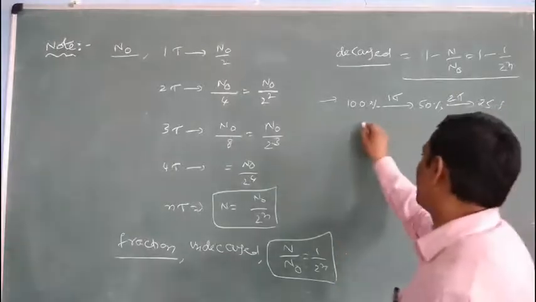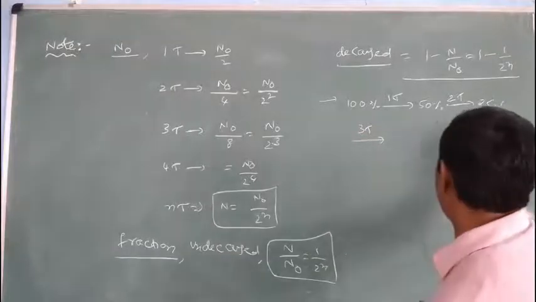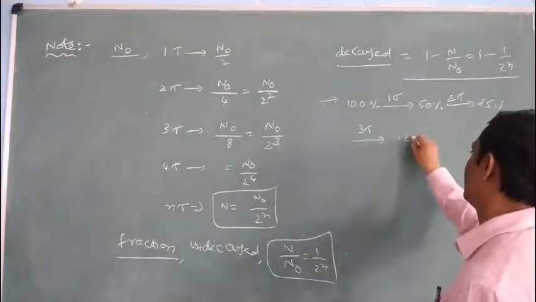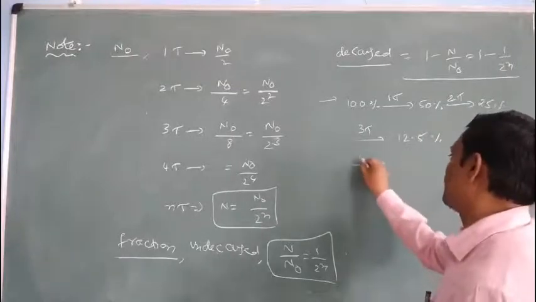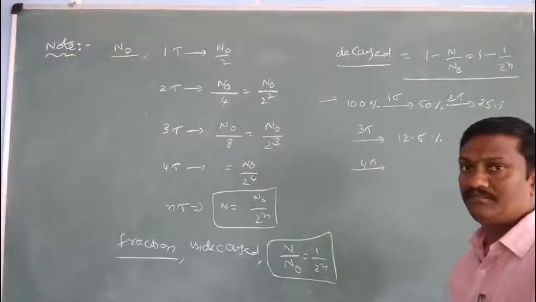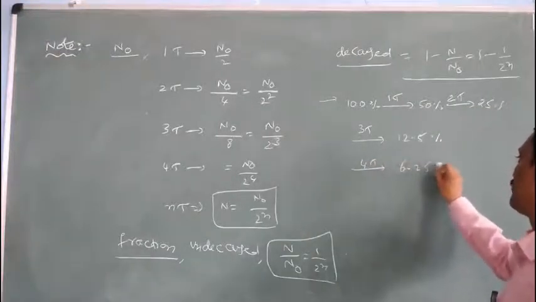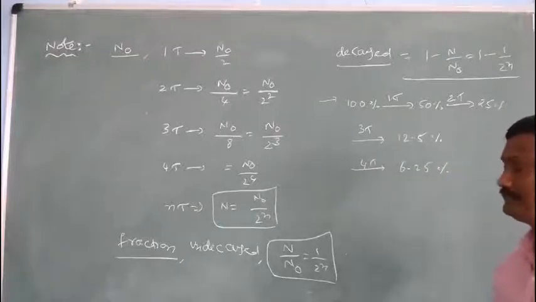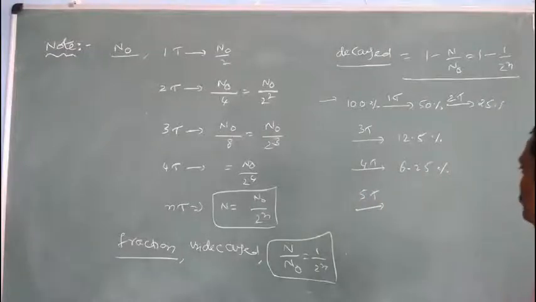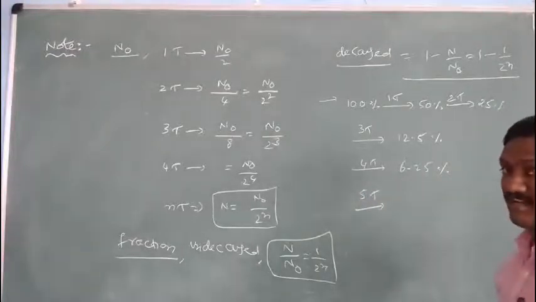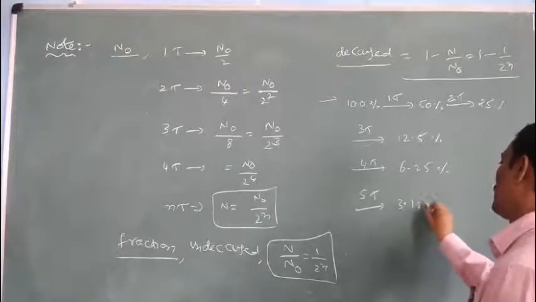After completion of three half-lives, half of 25 means 12.5%. After four half-lives, the percentage of atoms remaining is half of 12.5, which is 6.25%. After five half-lives, the percentage of atoms undecayed is half of this, so 3.125%.